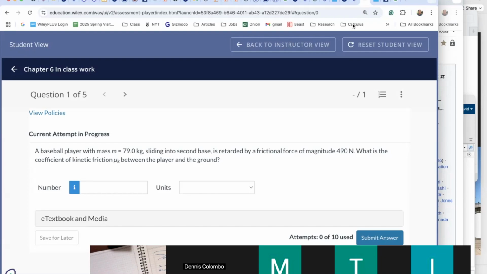Does anybody have any questions so far about anything that we've done, or just anything about physics at all? Well, okay, maybe about 30 more seconds.